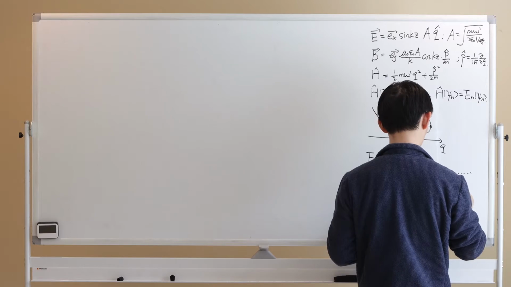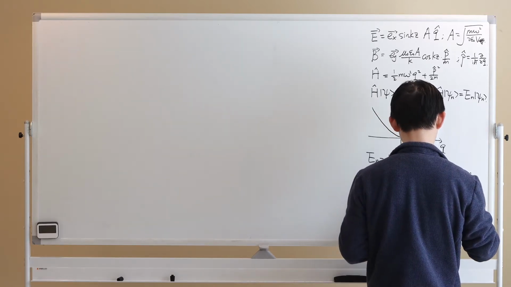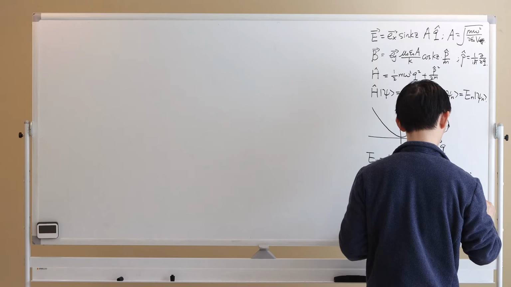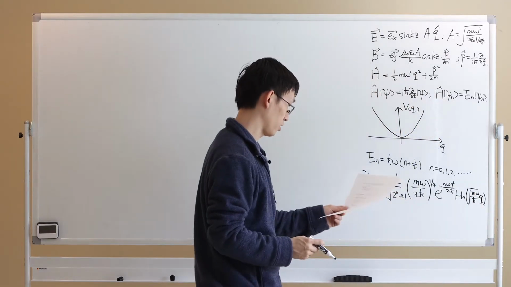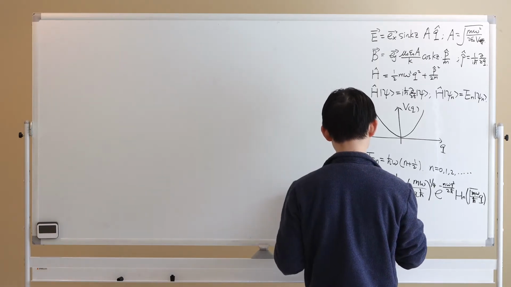But in this semester, I don't think that's necessary, because if you do your homework, that's almost like you waived your exam. You already get 80% of the points. And H is a special function called a Hermite polynomial.